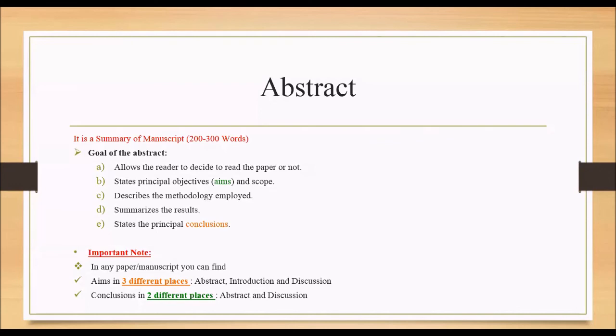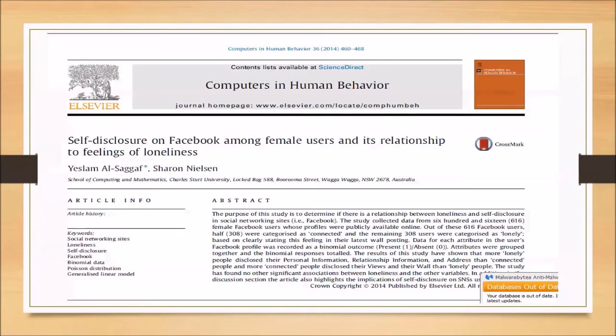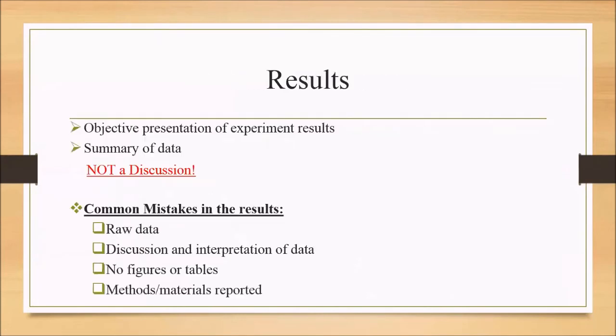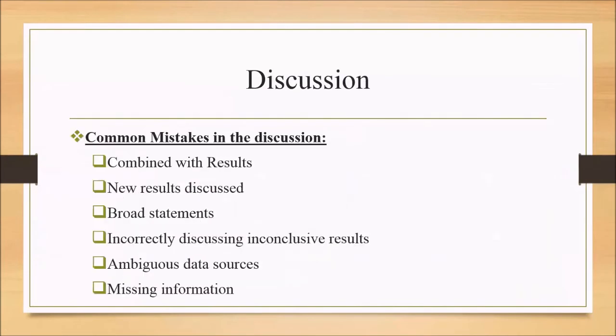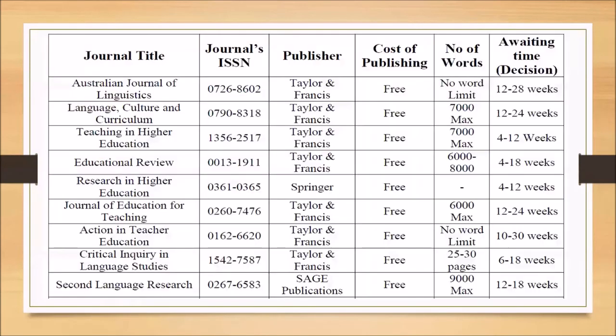Then you think about the title, what you're going to conduct, and then you think about the authors: who is going to do this research with you? You also have to think about the publisher, the number, the cost, and the waiting time for a decision.